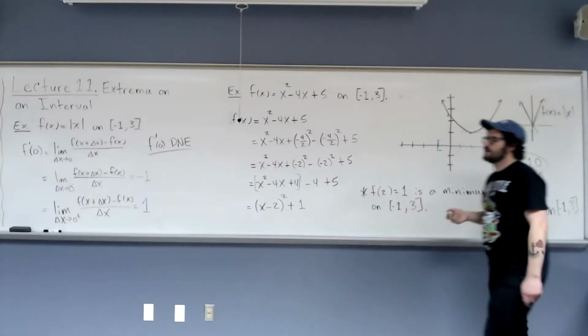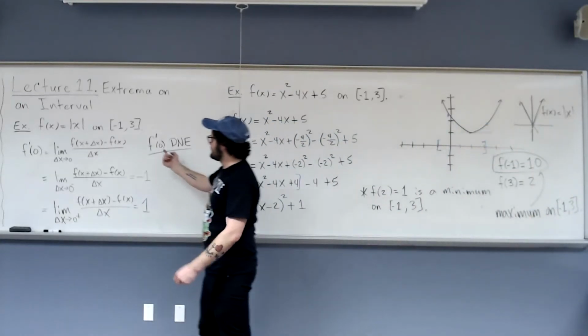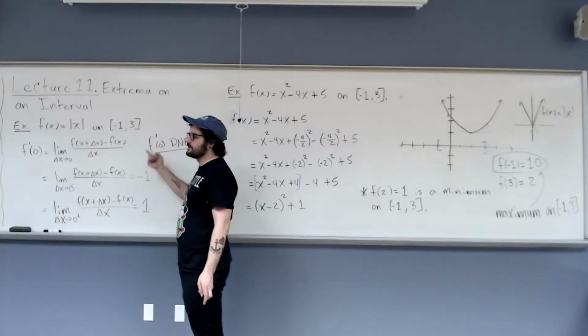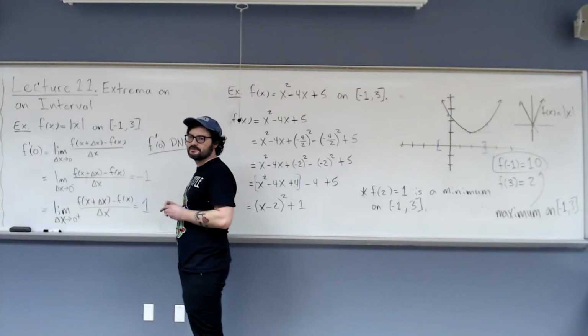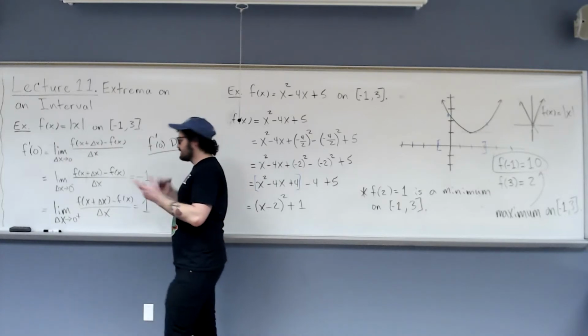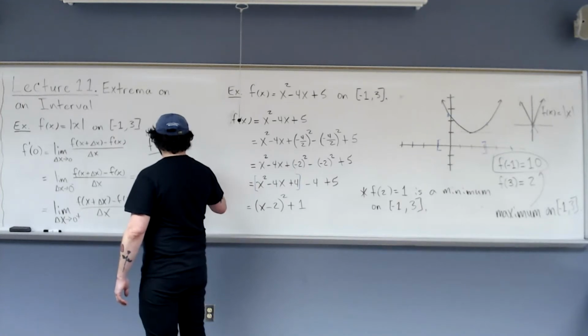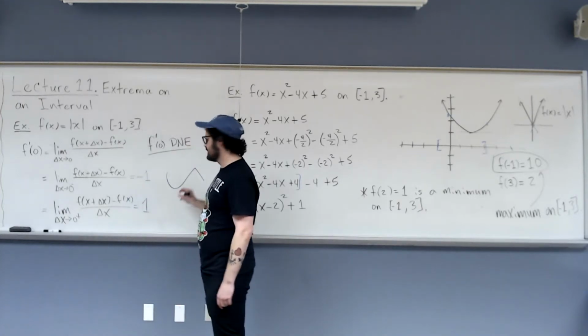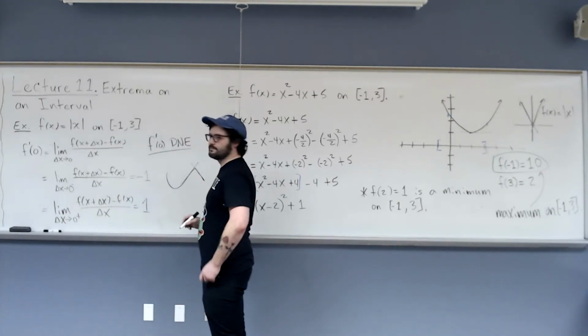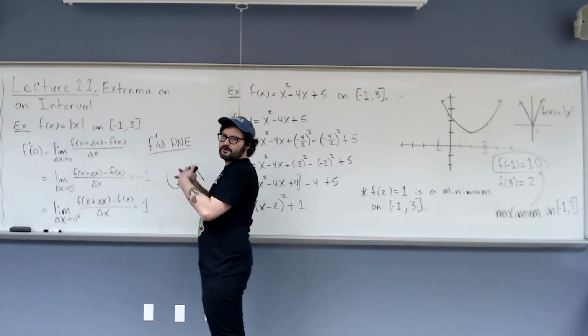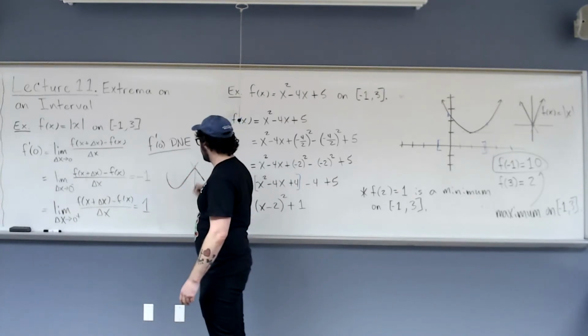So we need to check if this is a minimum of that function over that interval, because the limit doesn't exist. Does that make sense? Think about it: the tangent lines from the left and right-hand side are not going to match as they approach whatever this value is here, C.